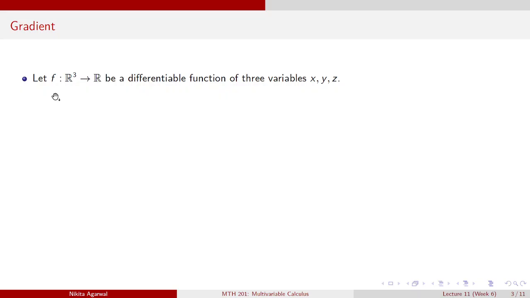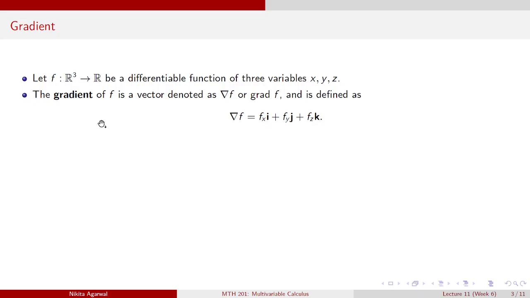Let f be a function of three variables that takes real values, and suppose it's differentiable. The gradient of f is a vector, denoted as del f or grad f, and it is defined as del f equals fx i plus fy j plus fz k. This means the first component of this vector grad f is fx, the partial derivative of f with respect to x.